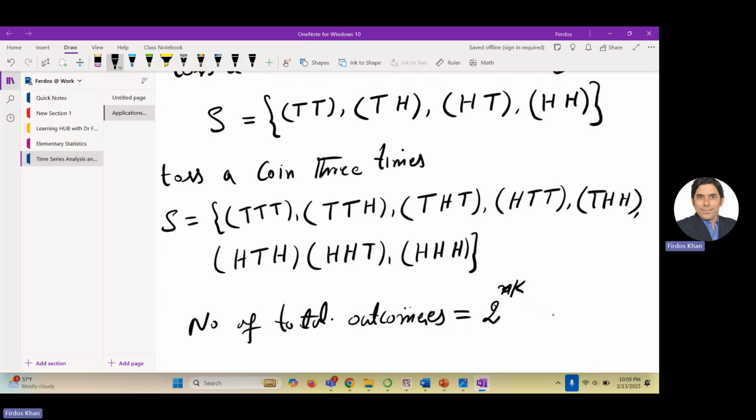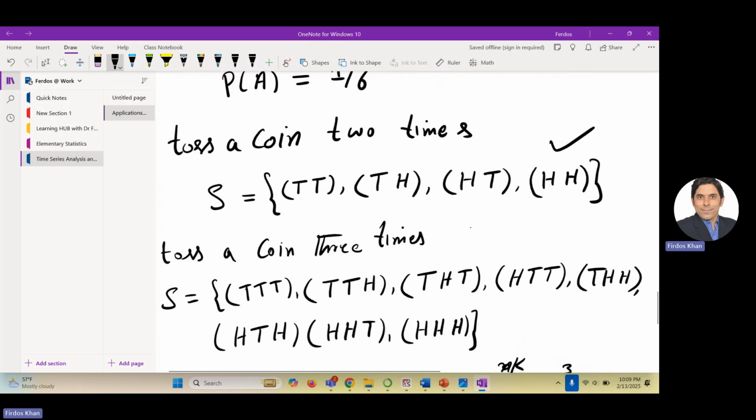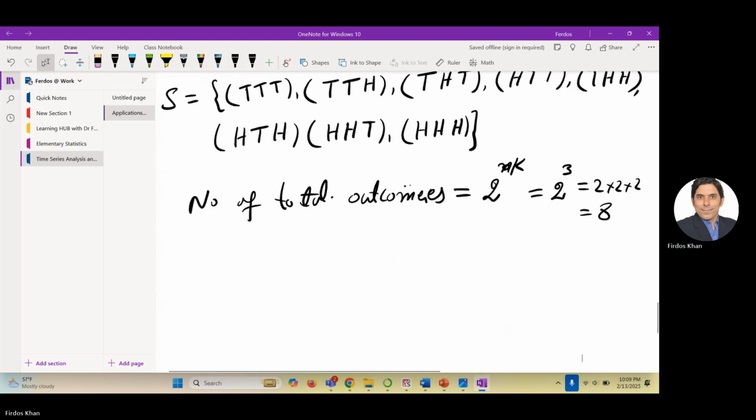K is the number of times that you are repeating the experiment. So 2 power 3, as you are repeating this experiment 3 times, is equal to 2 multiplied by 2 multiplied by 2, which is equal to 8. Similarly, you can do this for the above experiment with 2 times. In that case, 2 power k, which is 2 power 2, is equal to 4. You can do this for higher orders as well.